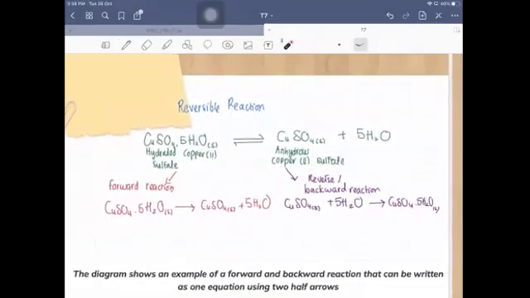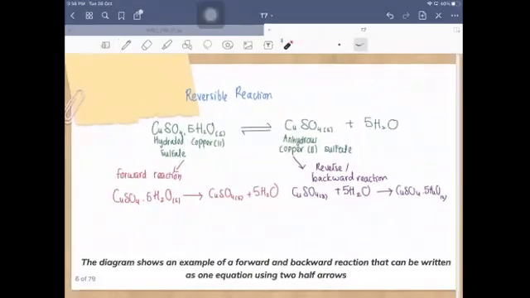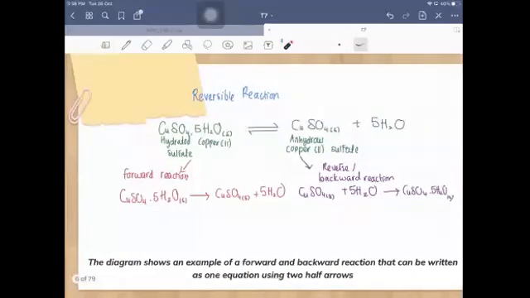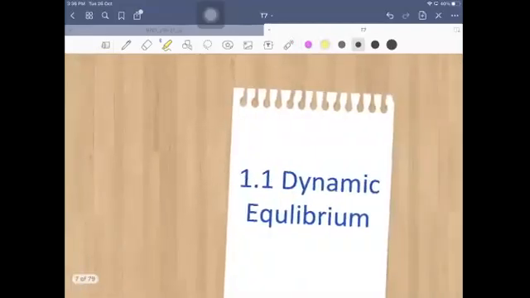Okay, so there's a text here saying the diagram shows an example of a forward and backward reaction that can be written as one equation using two half arrows. So this is an important symbol to show. The two half arrows is an important symbol to show that this equation happens reversibly. Okay, so if you want to copy this down, you can pause the video.